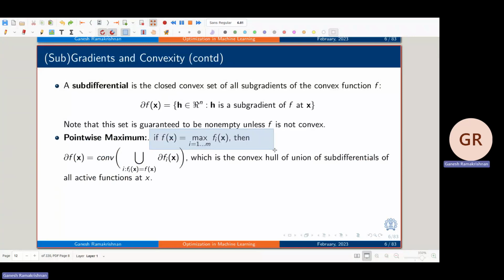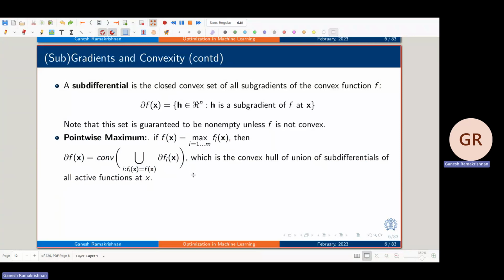If fx is the max of m convex functions, not just two, here we consider two, but m convex functions, then the subdifferential of f is basically the convex hull of the subdifferentials of the individual fi's, but at those points where the function values match. See, as long as I was in this space, what is the subdifferential of the composite function f?